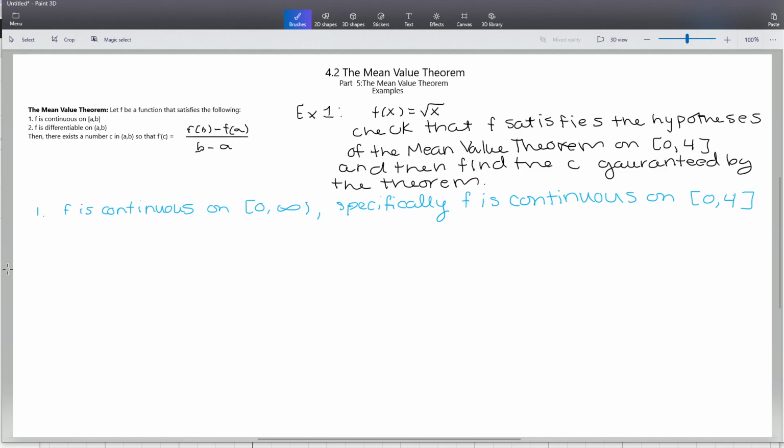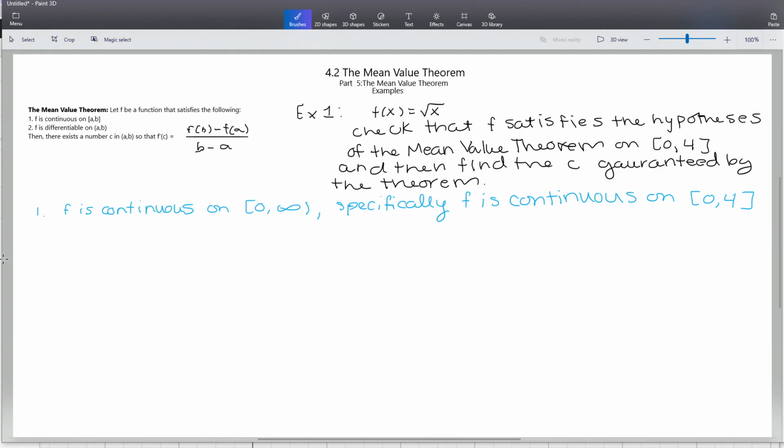Then we want to look at the derivative to talk about where the function f is differentiable.